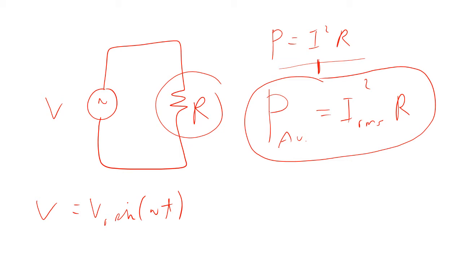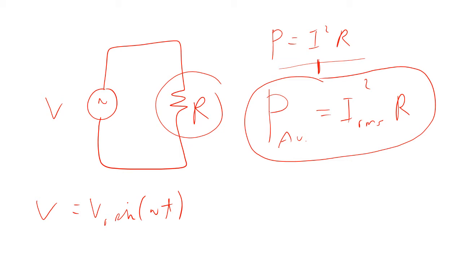So you square that, and I RMS squared is quite literally the average of the square current. And so that would give you the power dissipated over time. That'd be the average power.